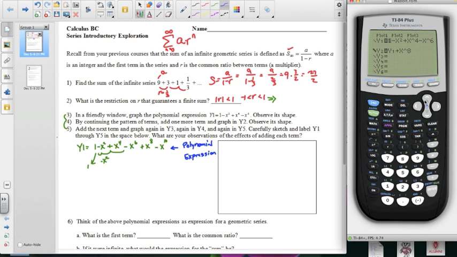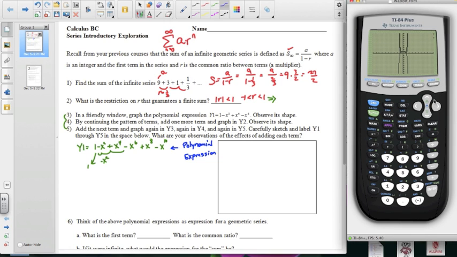And then if we add to that another term, so we take y2, and add, or subtract, I guess, x to the 10th power.